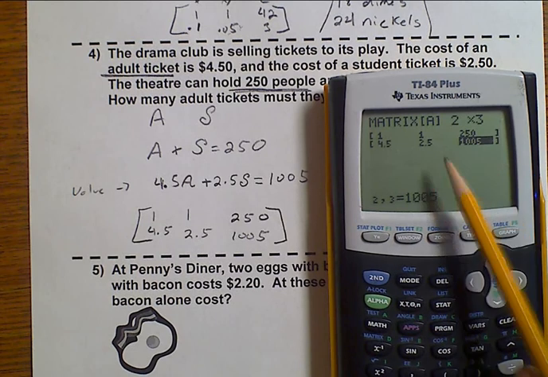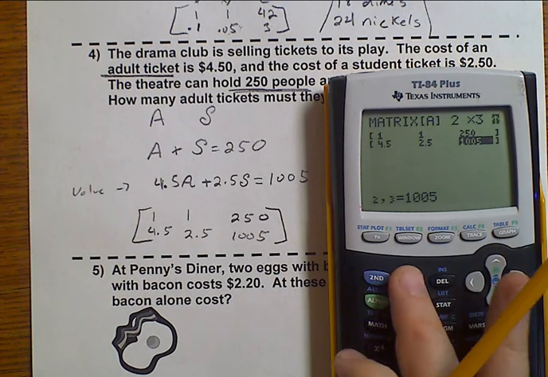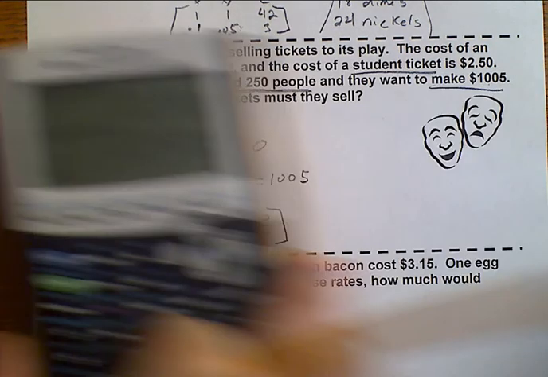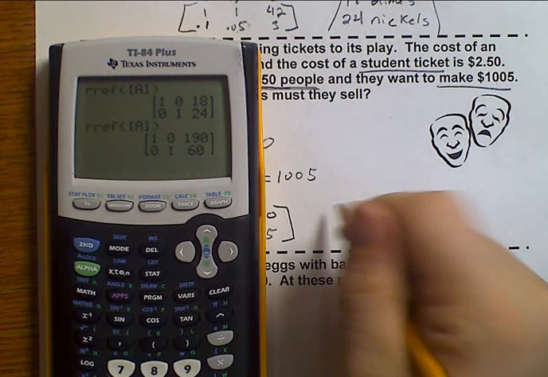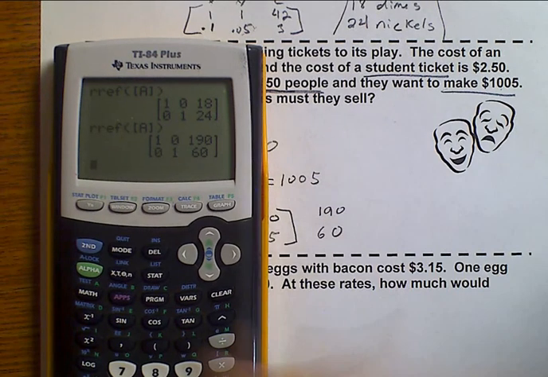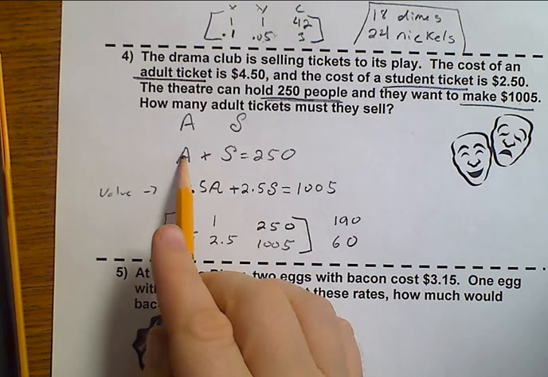Double check that they match. They do. We get out of it. Do our RREF, and it tells us 190 and 60.